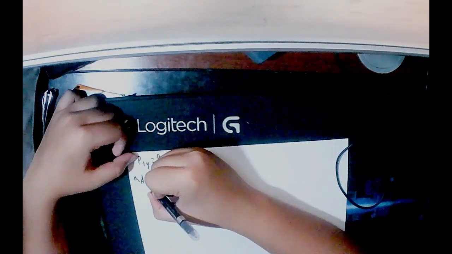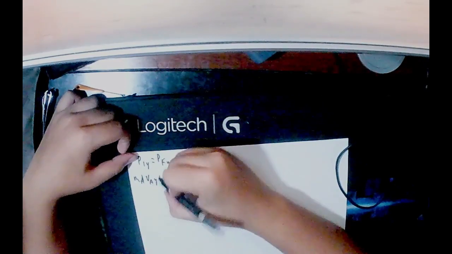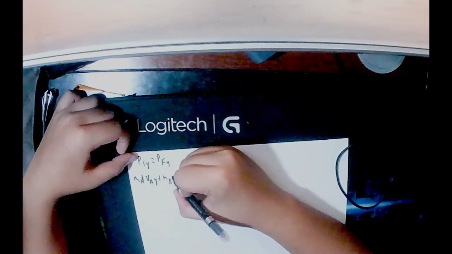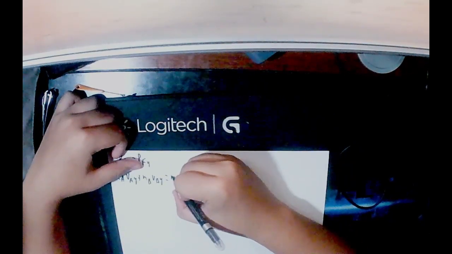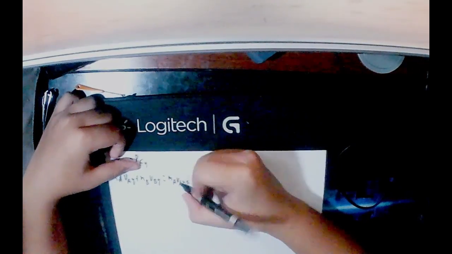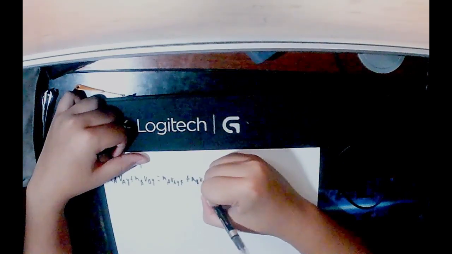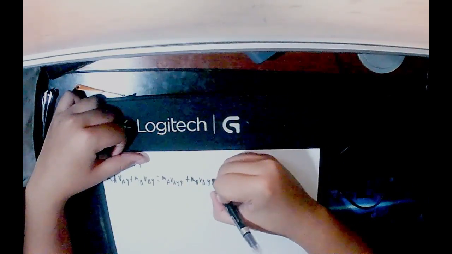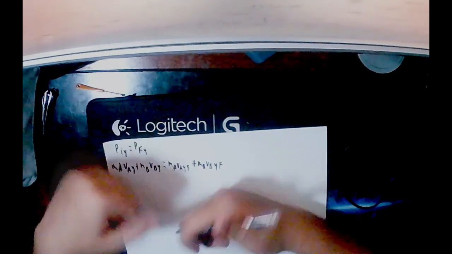M sub A times V sub A y plus M sub B times V sub B y is equals to M sub A times V sub A y F plus M sub B times V sub B y F. Okay, so magiging 0 to.